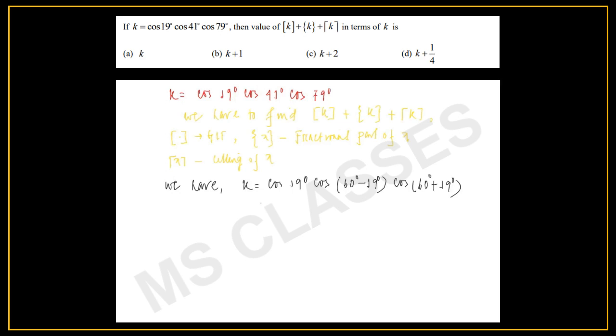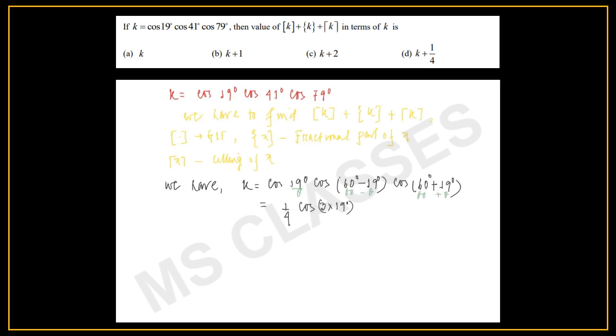So here if we compare this with theta, if we take 19 as theta, this is 60 minus theta, this is 60 plus theta. So the ultimate expression will be 1 by 4 cos 3 theta.